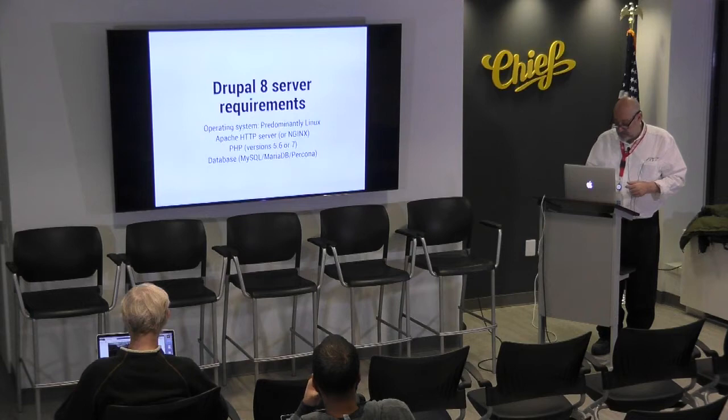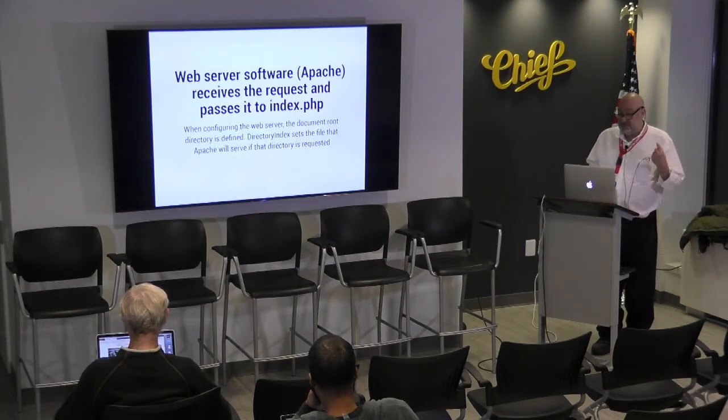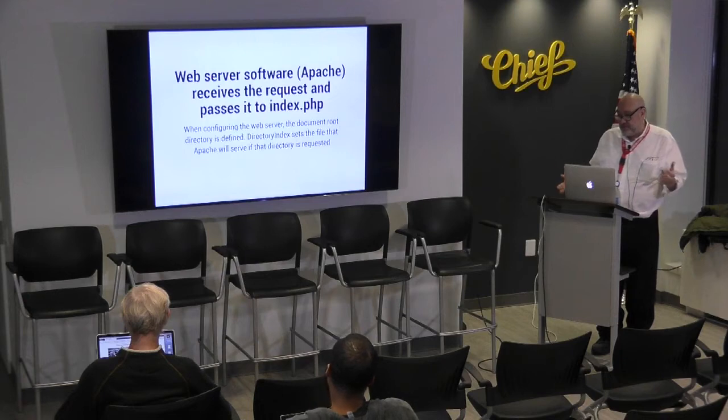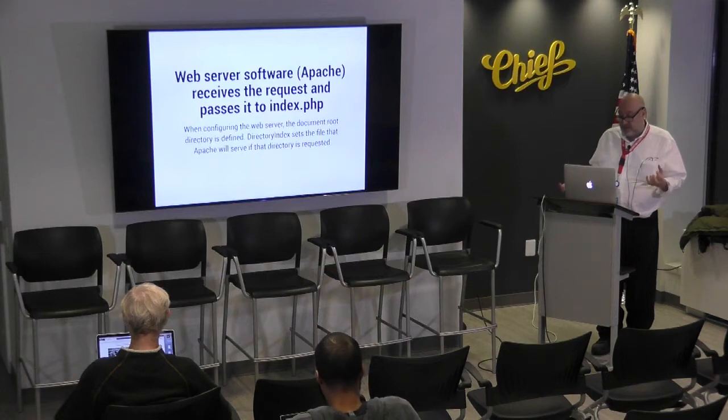Thank you. Sure thing. So we go from here, and the web server software, once again Apache, receives a request and passes it to a specific file. The request is just the URL, and there's a header that gives you a bunch of information about the circumstances surrounding this request.